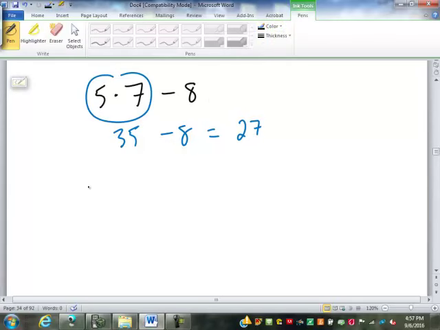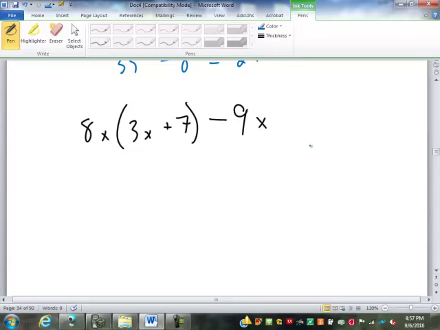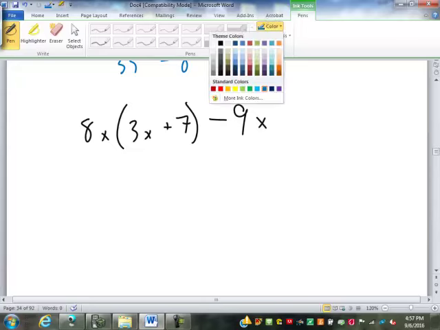We can have the same type of thing here. Might change that from an 8x to 9x, make it a little less confusing. So 8x, then parentheses 3x plus 7, and then minus 9x. First thing I have to do is I have to multiply.